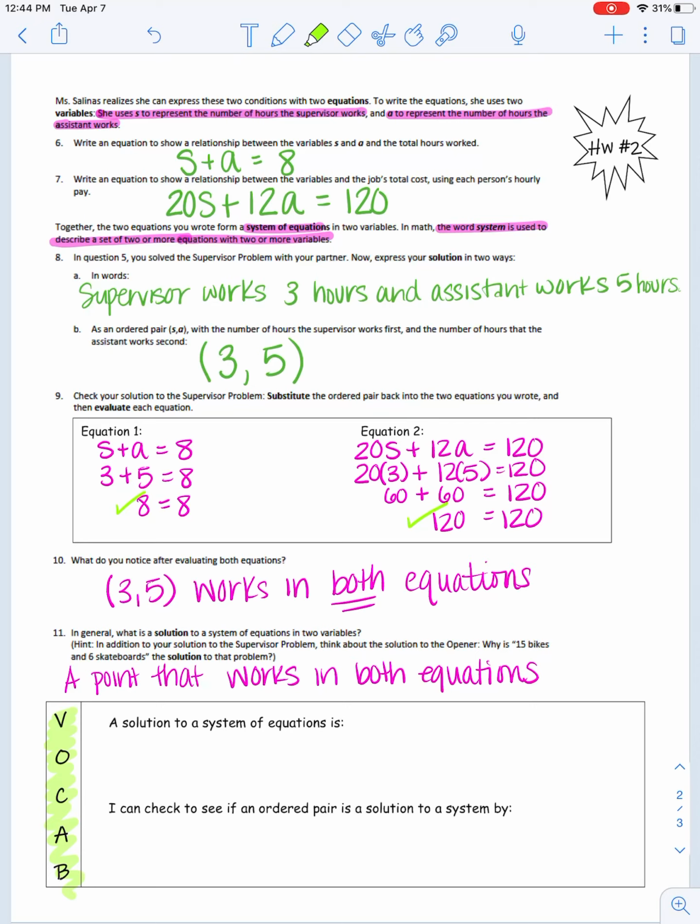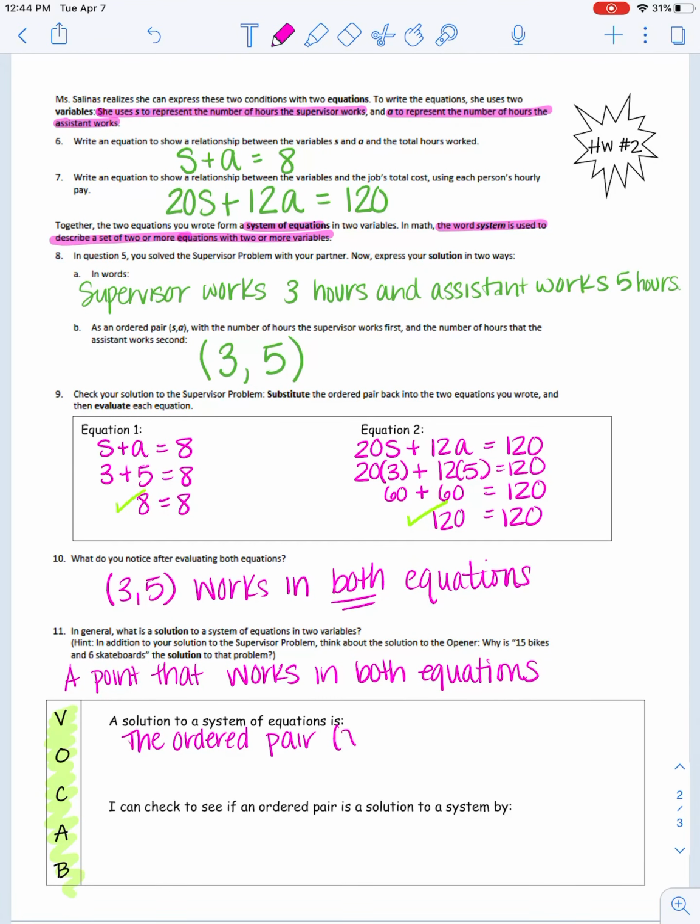All right, now let's give it an official definition. So we're gonna go vocab here. A solution to a system of equations is the ordered pair x comma y that makes each equation true. And then how can we check? Well, exactly what we did up here in number 9.